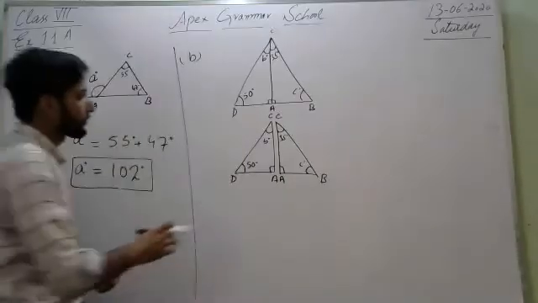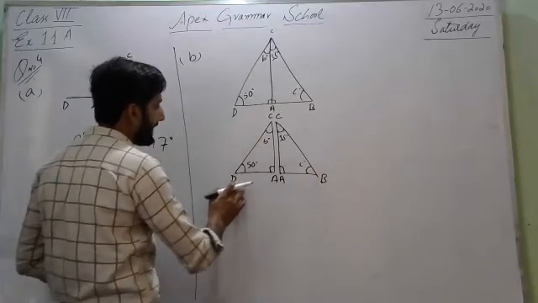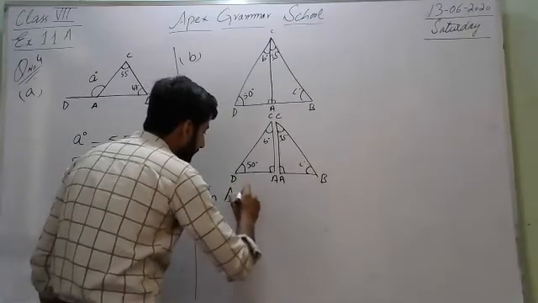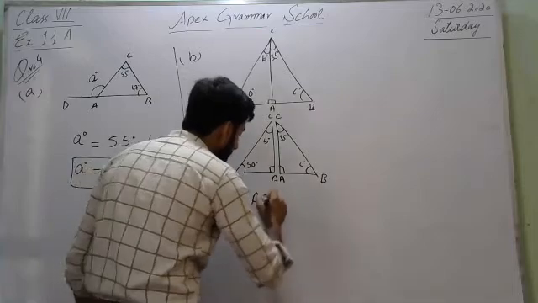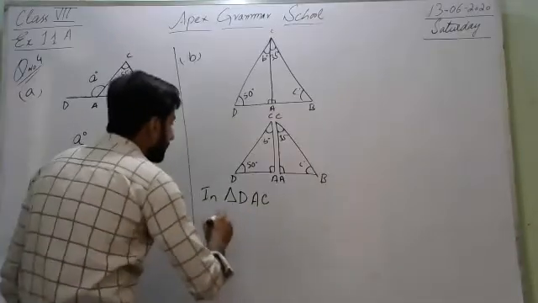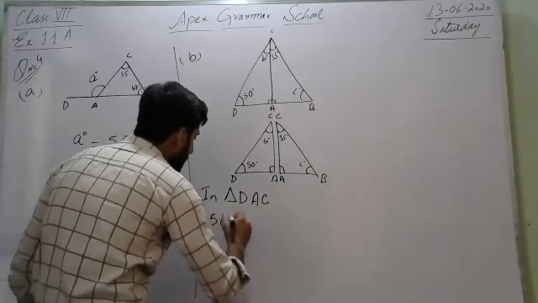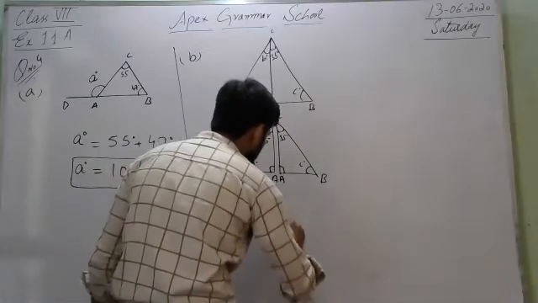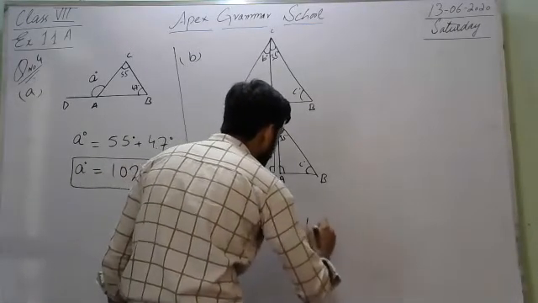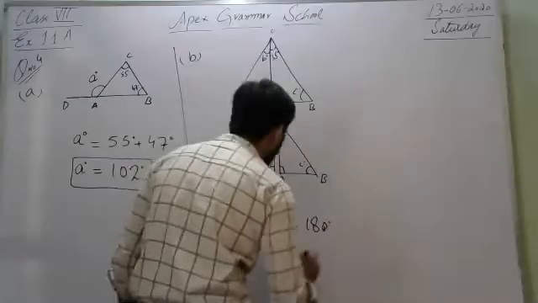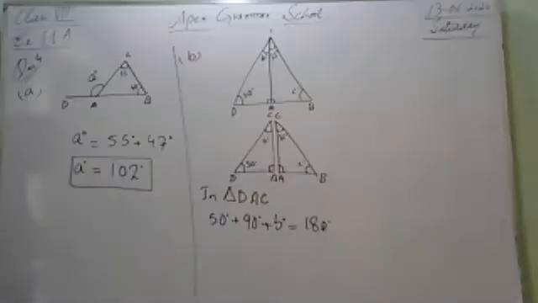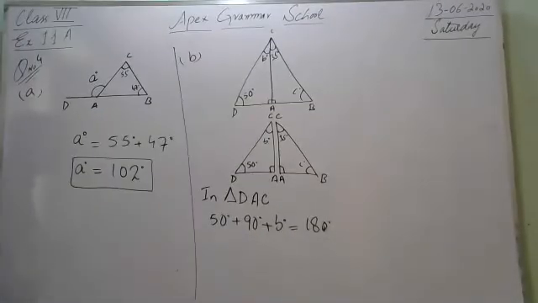First of all, I am going to solve for triangle DAC. In triangle DAC, 50 degree plus 90 degree plus B degree equals 180 degree, because according to the triangle property, the sum of interior angles of a triangle equals 180 degree.